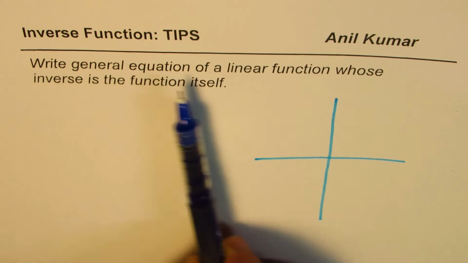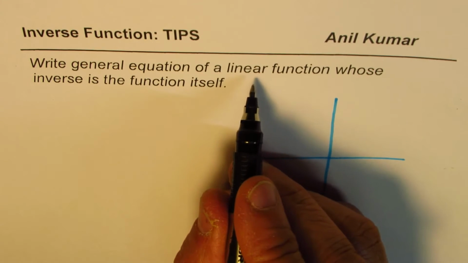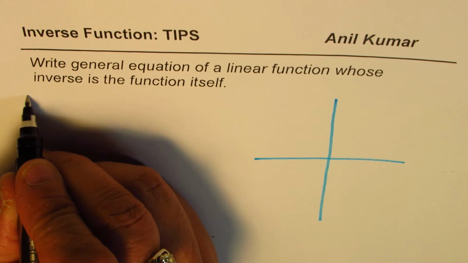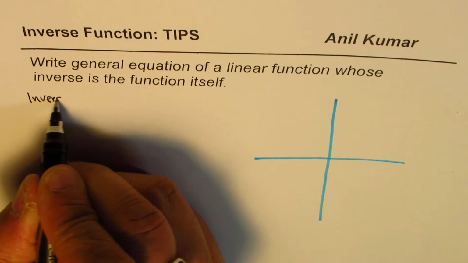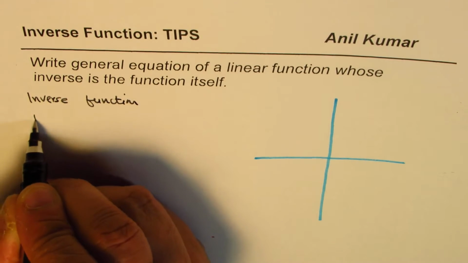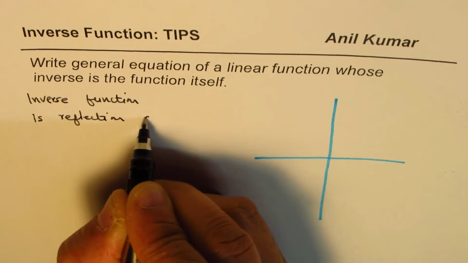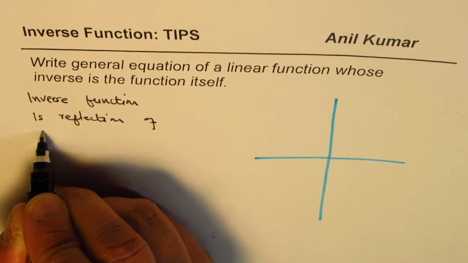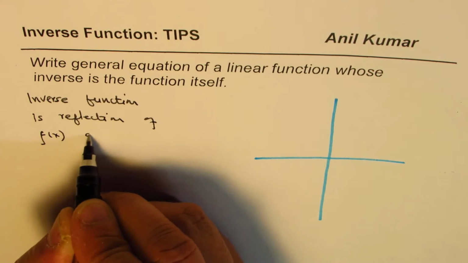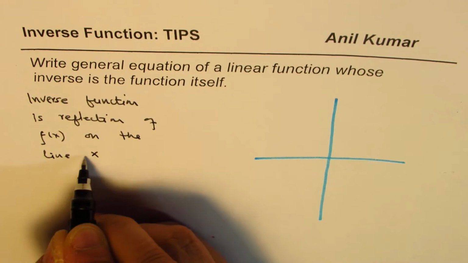When we have a linear function, we're talking about a straight line. Another thing to know is how you sketch an inverse function. Basically, the inverse function is the reflection of f of x, the function, on the line y equals x.